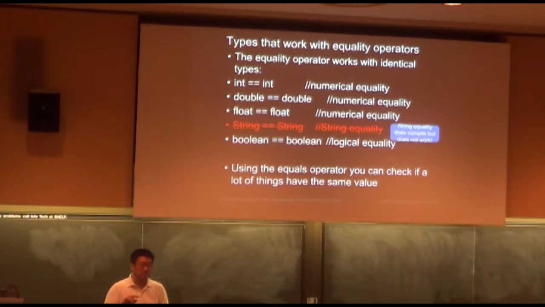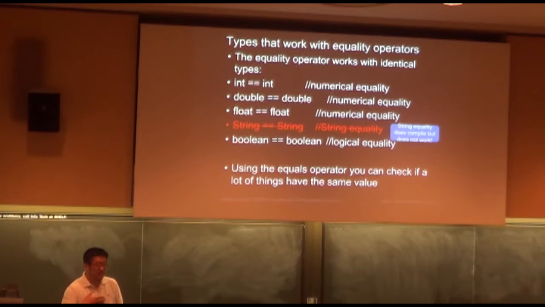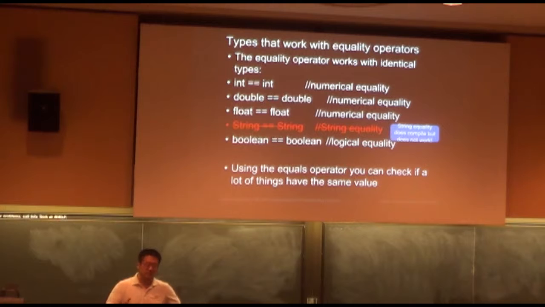And if you don't, it's going to look for some way to implicitly cast one of the operands into a type that's identical to the other operand. If that's not possible, then it's going to give you a compiler error. Or you can explicitly cast. And if you cannot explicitly cast, then attempting to explicitly cast will produce a compiler error.